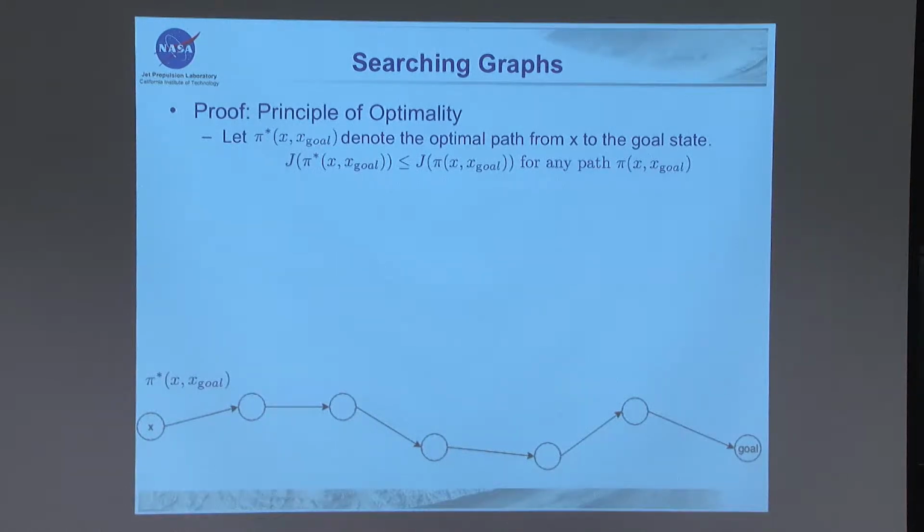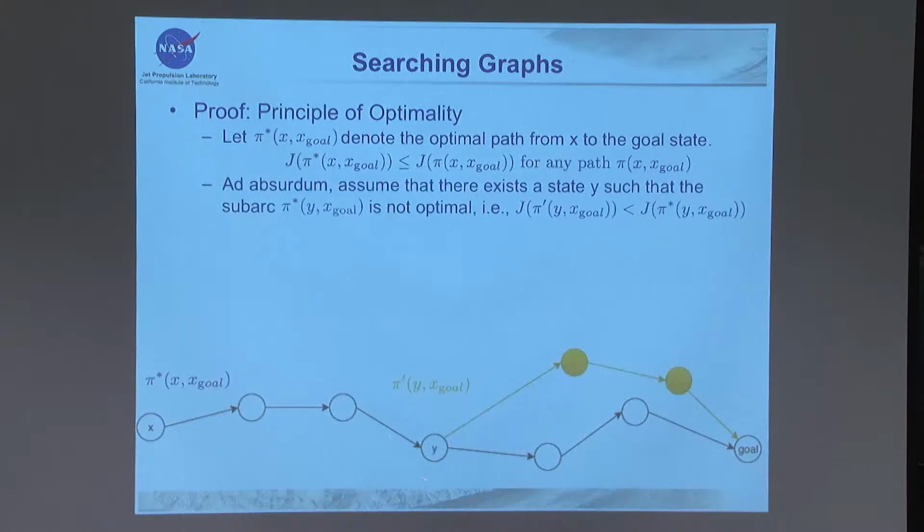So let's assume this is not true. Let's assume there is an interesting node y here, and we assume this sub-arc is not optimal. This means there exists an alternative path that starts from y and reaches the goal. This is where we start the contradiction.